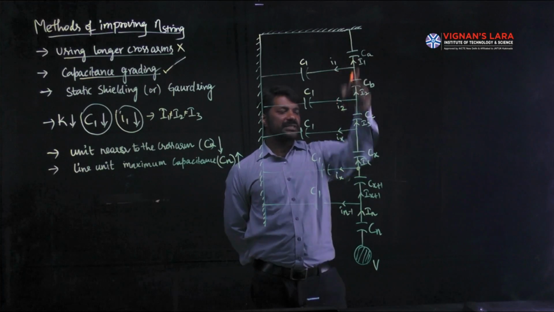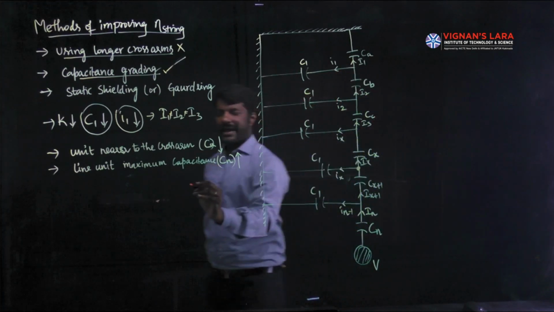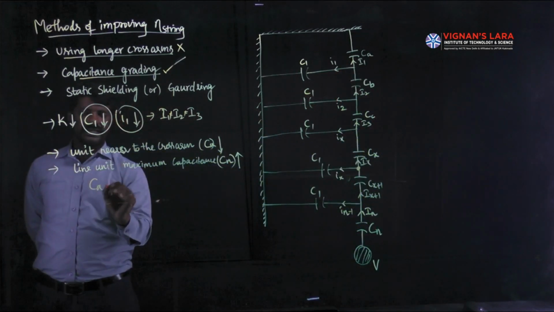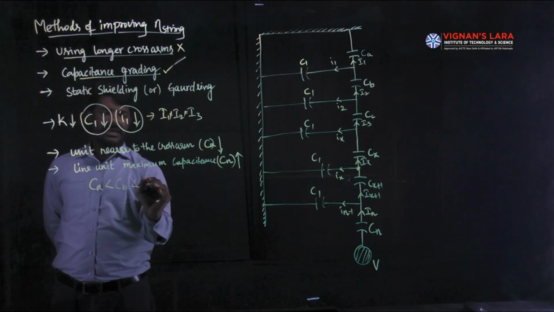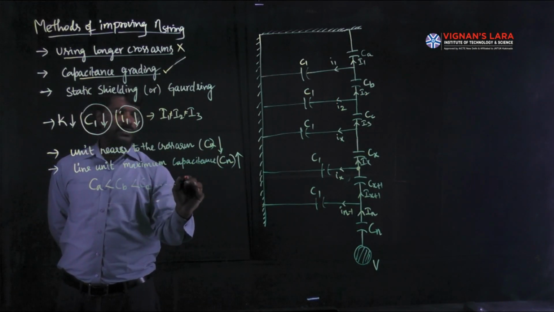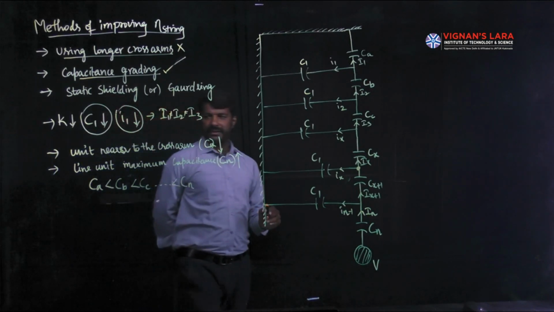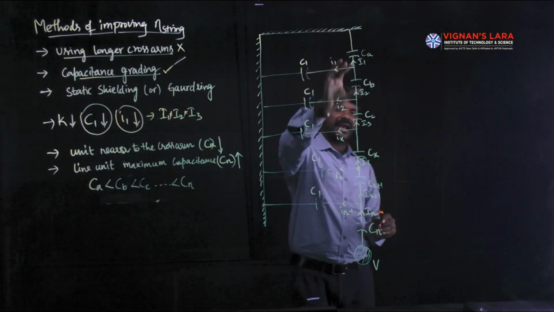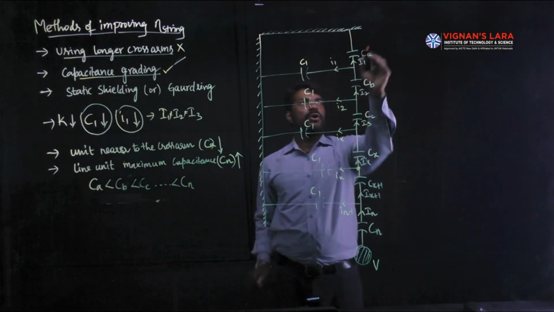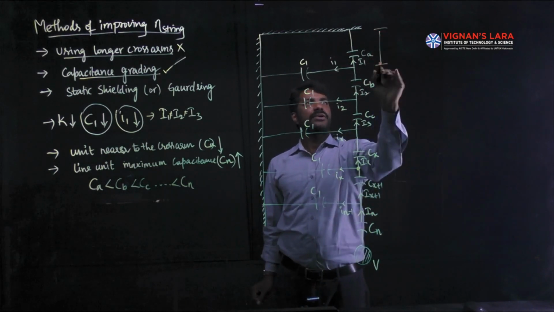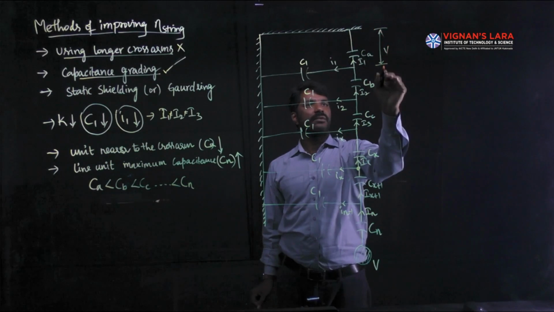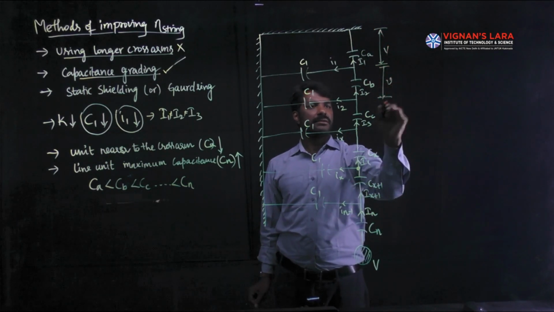Because of this capacitance grading, whose magnitudes are selected in such a way that CA magnitude is less than CB, less than CC, so on up to CN, whose values are lesser, since the capacitance magnitudes are like that, the voltages across the units will be the same, small v, small v.